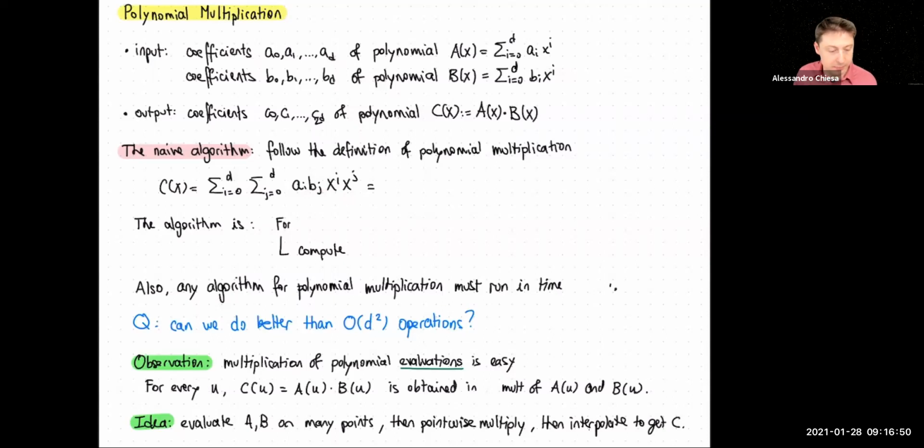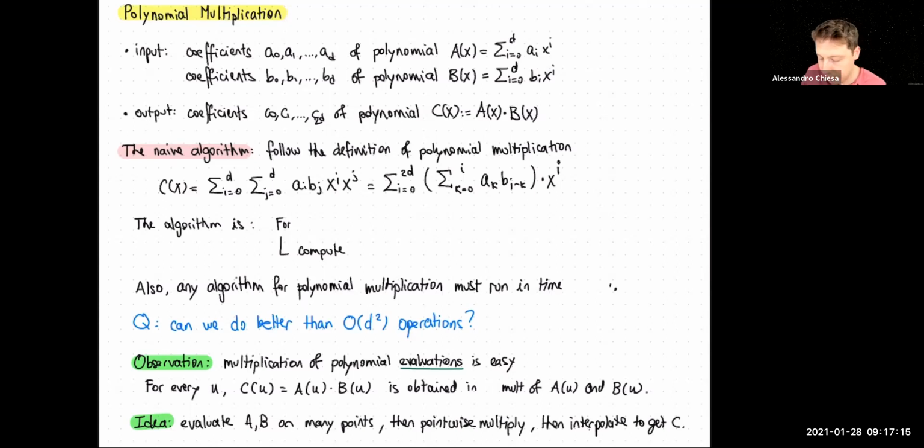So let's do that. So now I'm going to relabel things, and I'm going to sum from 0 to 2d. And I'm going to consider all possible combinations of coefficient multiplications that correspond specifically to the power x to the i, right?